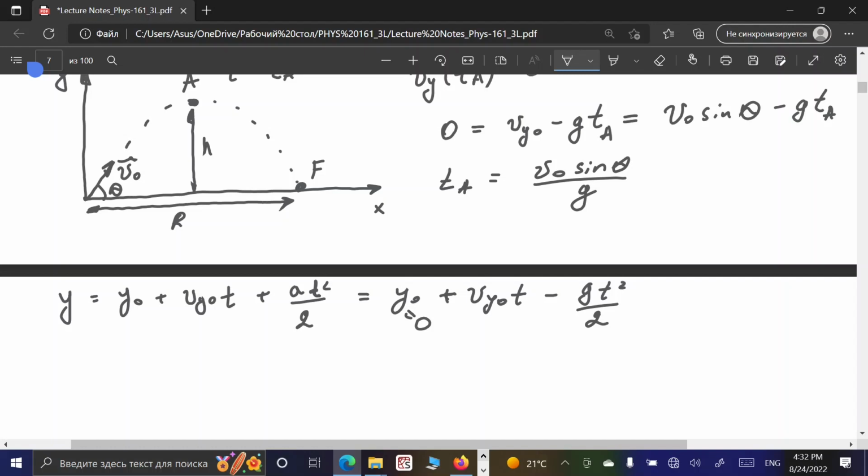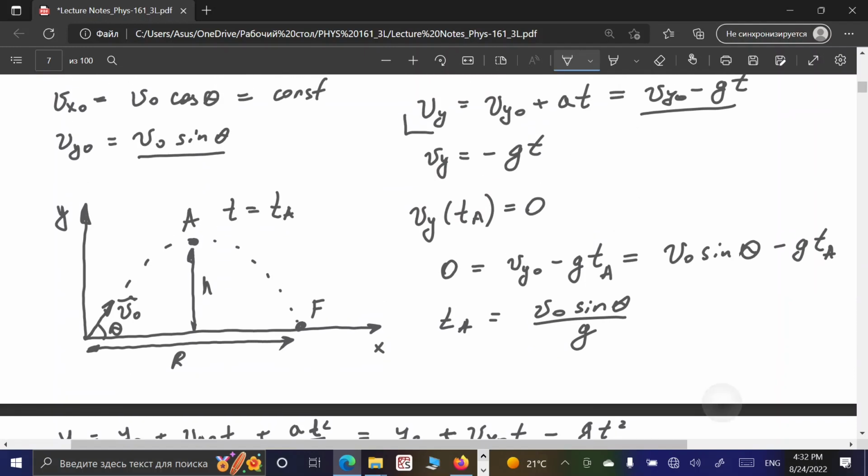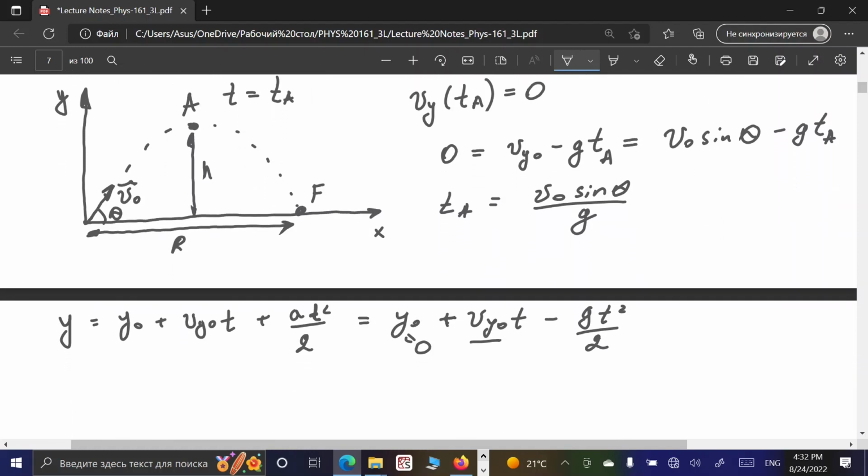And we know that v y naught is given by v naught times sine theta. So we can now substitute here also the expression for ta. And that will be our maximum height, because it defines the position of our object with respect to axis y.